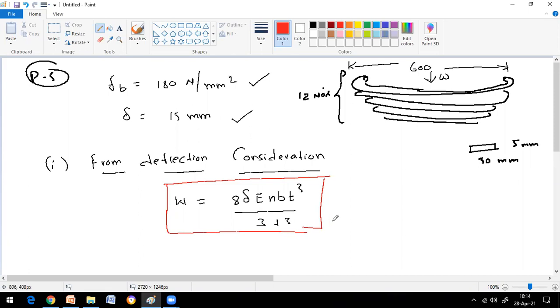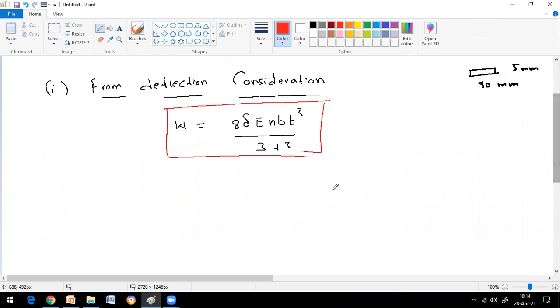So we have to do it in two ways. This is the first way, based on the deflection consideration. Calculate what is W. Substitute all the values. 8 into the deflection given, 15.